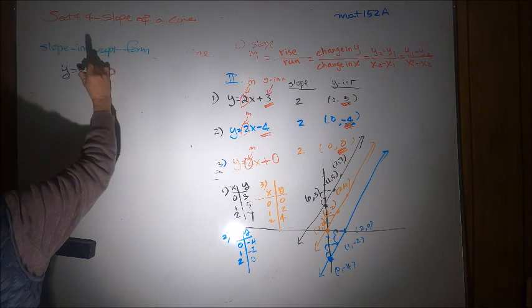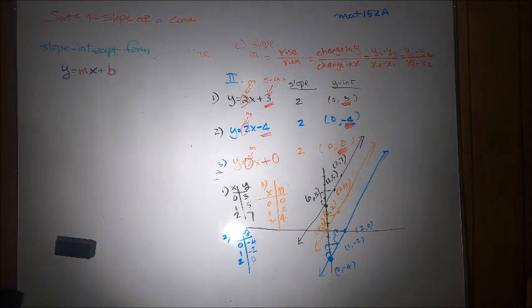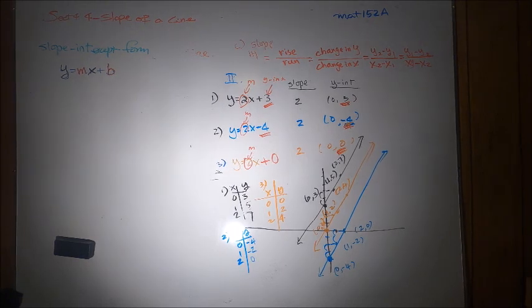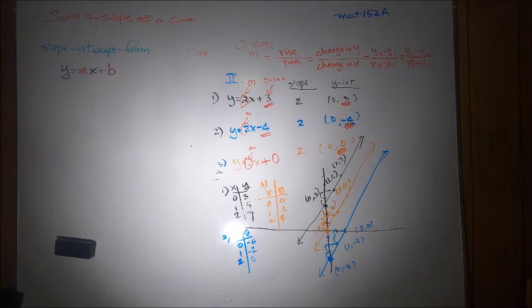So if we write y equals mx plus b, for each linear equation we will have y and x. Sometimes you miss one, then that would be special cases. But usually if you have both y and x, it means it's a slanted line, right?